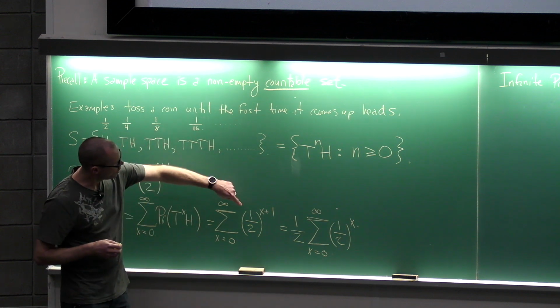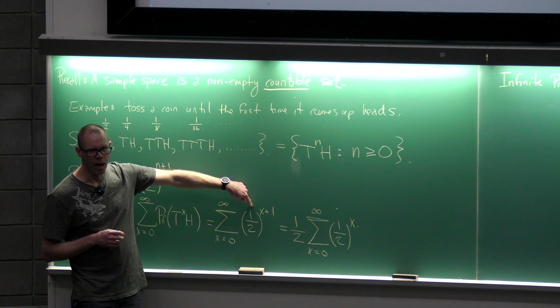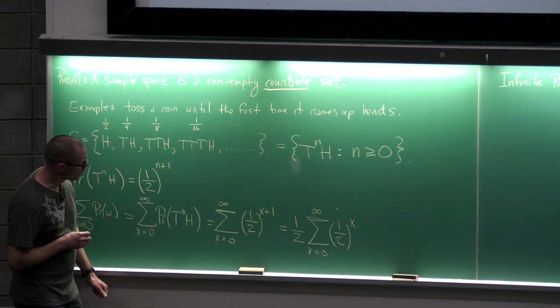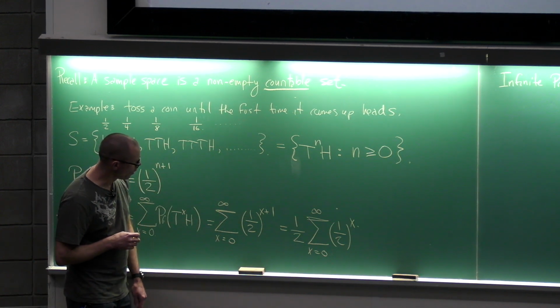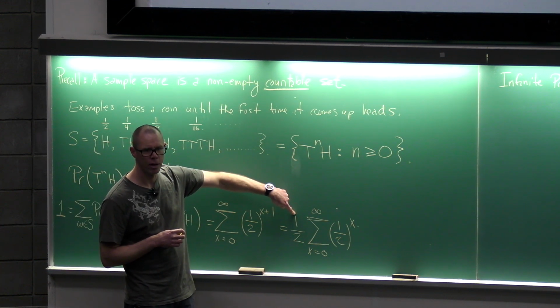Right, 1/2 to the x plus 1 is just 1/2 times 1/2 to the x. And so we have a sum where every term is multiplied by 1/2, so we can just bring that 1/2 outside.